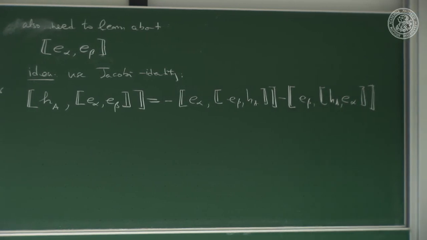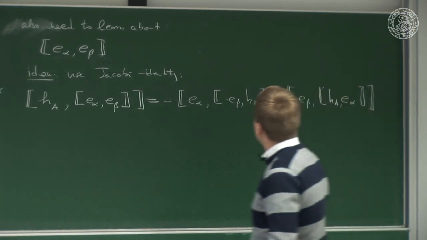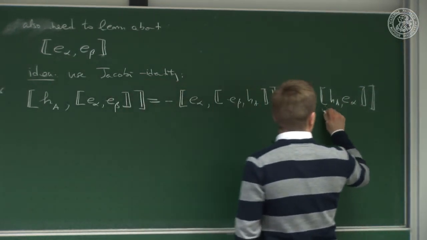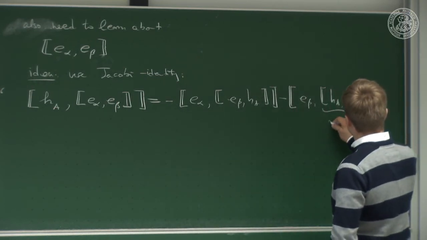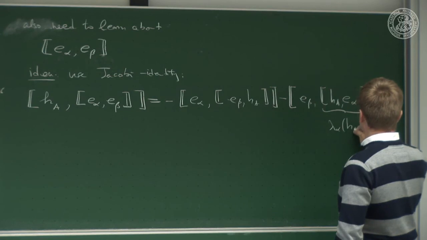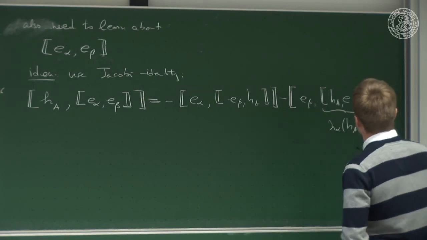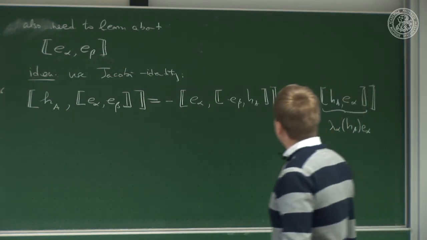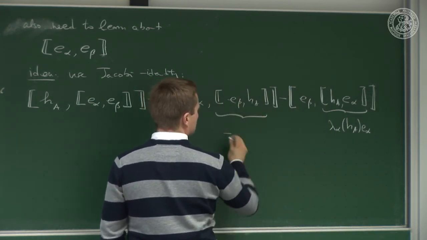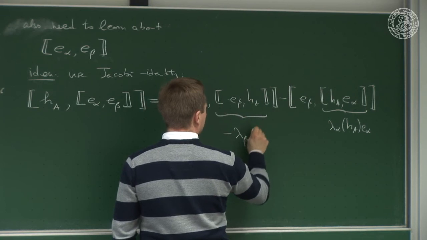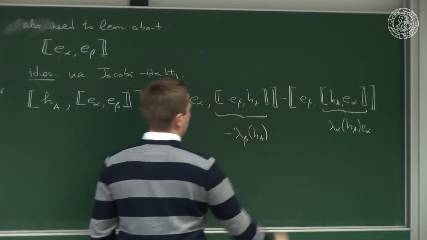So this is simply the Jacobi identity. And of course, this gentleman here, for instance, we already know what that is. This is lambda_alpha of this H_A times E_alpha. Okay. This here is minus, because you could flip this, is minus lambda_beta of the same H_A.